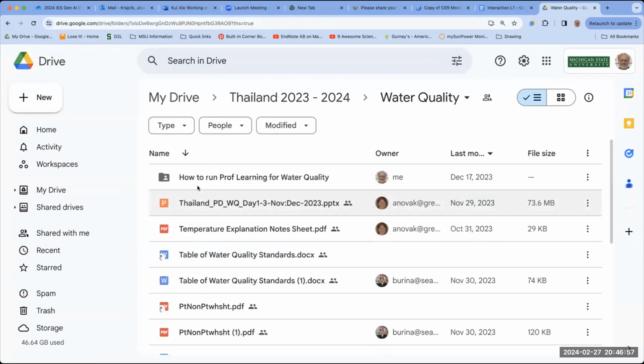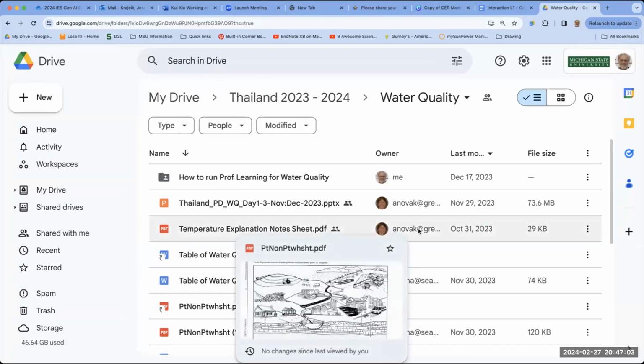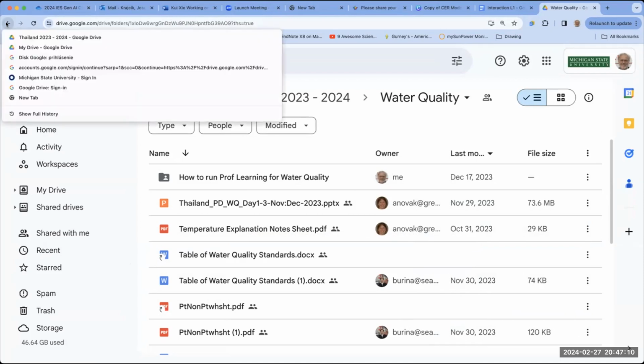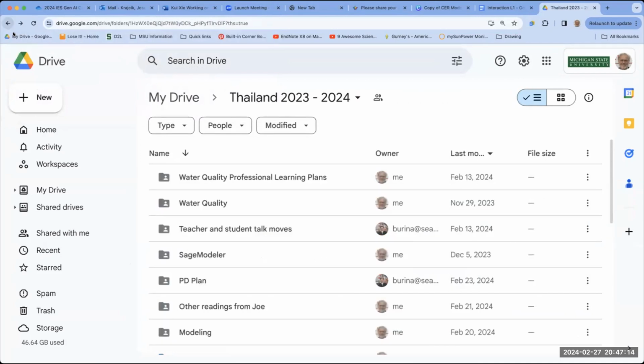And inside water quality, Anne has, no, these aren't her articles. My fault. I'll ask her where her articles are, because her articles also explain how to do claim, evidence, and reasoning.